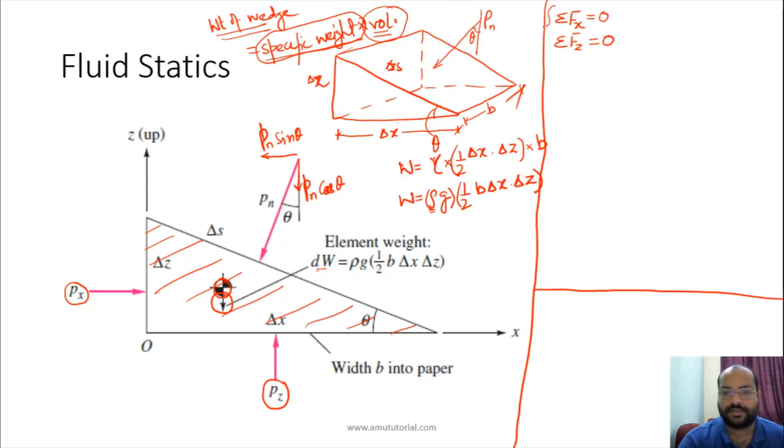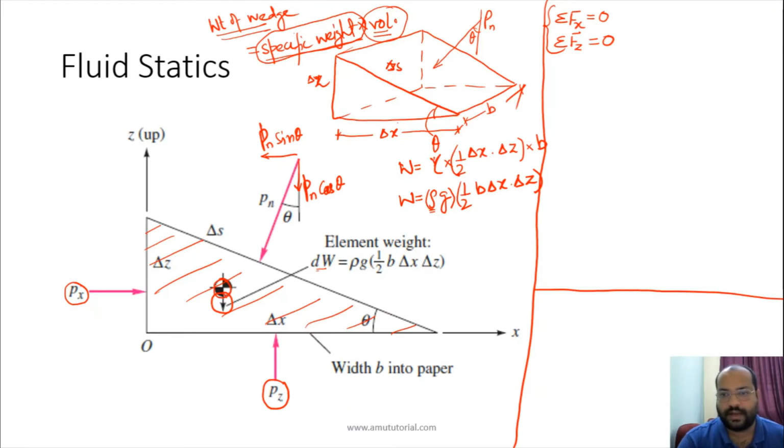If these two conditions are satisfied, then this wedge will be in a state of static equilibrium. In this condition the fluid is considered to be at rest, and this is the static condition of fluid.